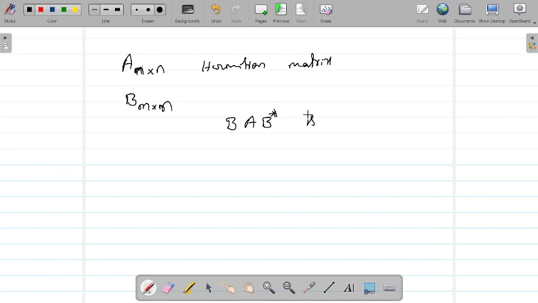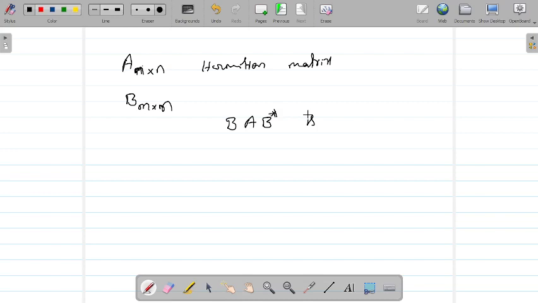So every Hermitian matrix can be expressed as M plus iN, where M is a symmetric matrix and N is a skew-symmetric matrix.